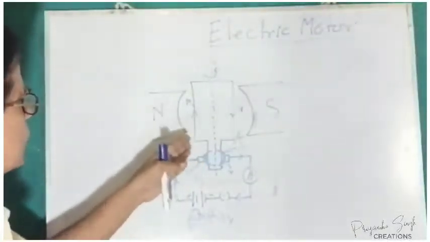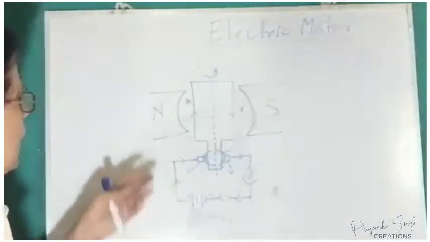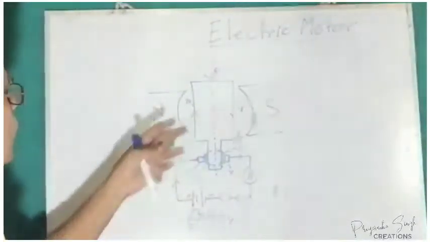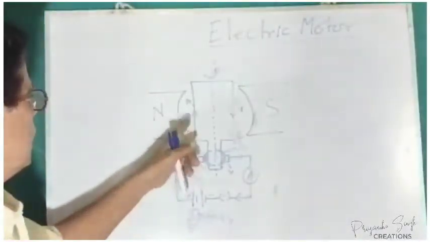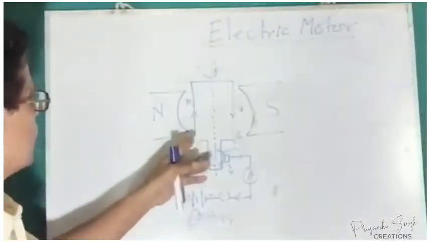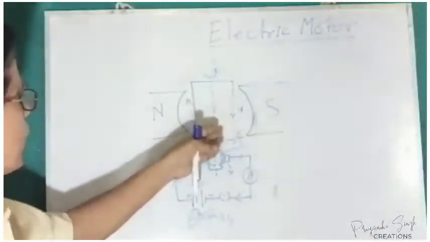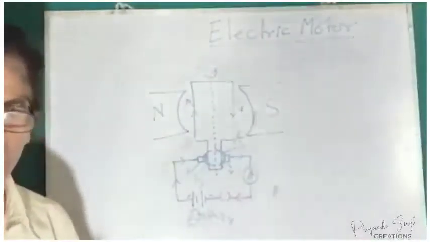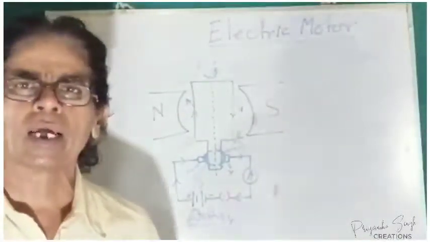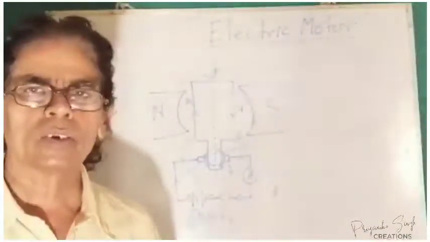So the direction of electric current gets changed inside the coil. Once in the left arm current passes from A to B, then after half turn from C to D, D to C.